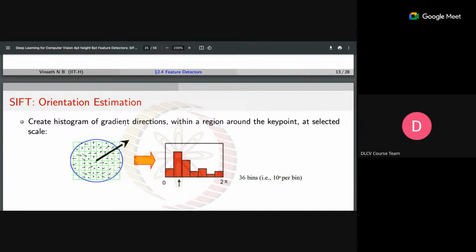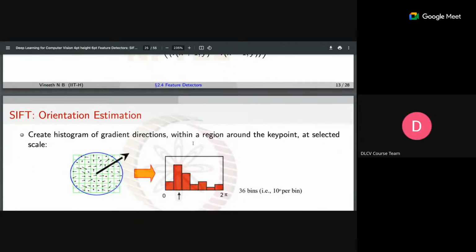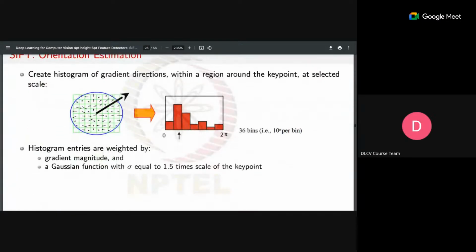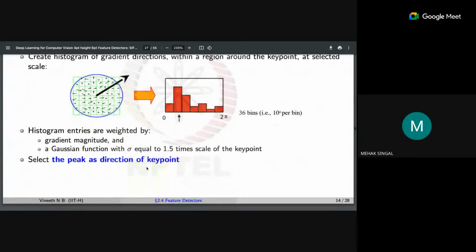And then you create a histogram of gradient directions. This is the way to calculate gradient direction, theta of xy. You create a histogram with the region around your key point, and then you select the peak as the direction of the key point.